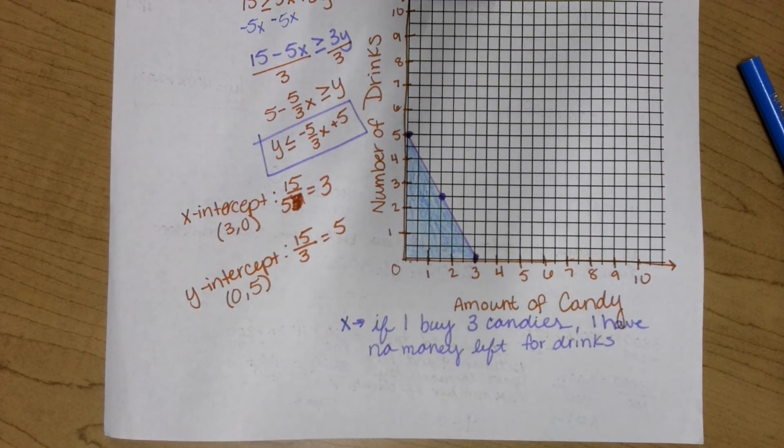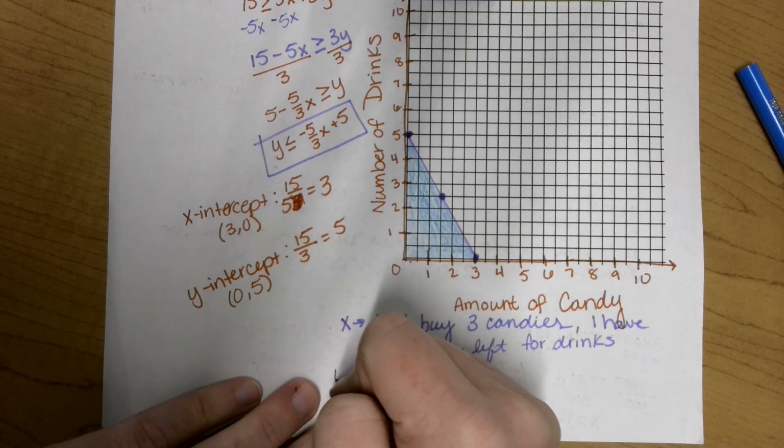So that 3 is the most number of packages of candy you can buy, but that requires you to not buy anything to drink. And your y-intercept is just going to be the opposite.